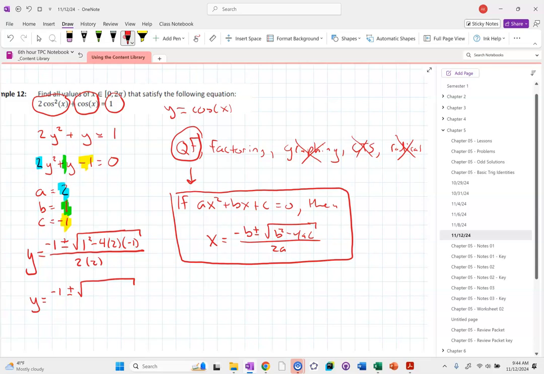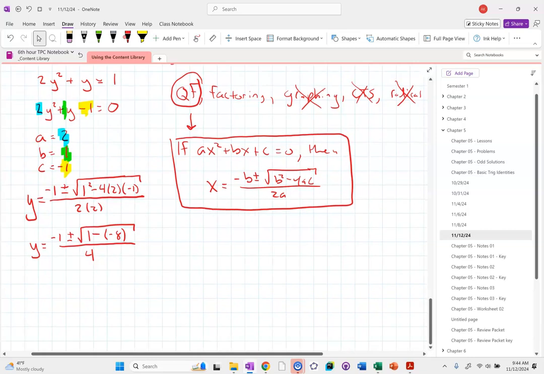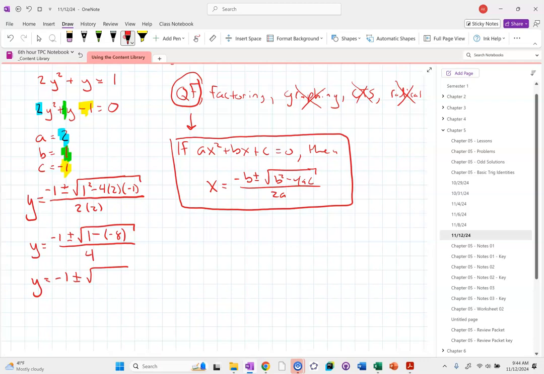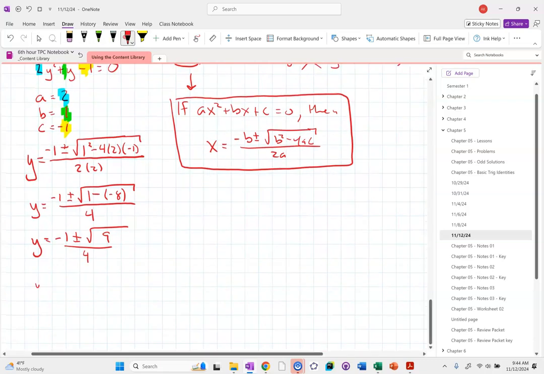What's 1 squared? 1. What's 4 times 2 times negative 1? Negative 8. What's 2 times 2? Okay. What is 1 minus negative 8? What's the square root of 9?